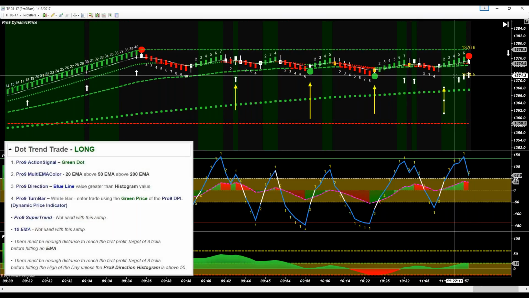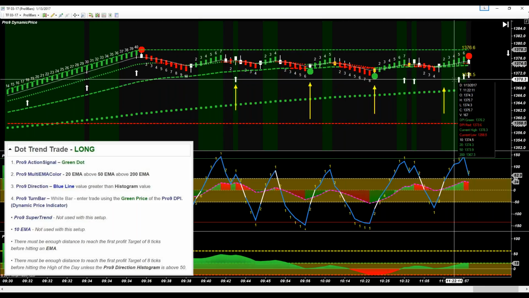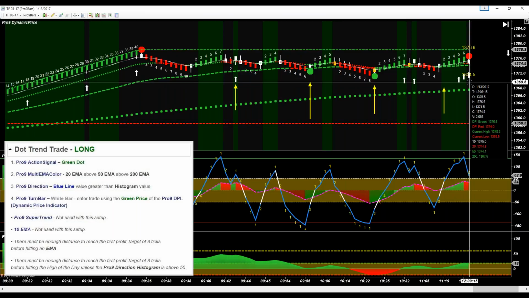And again, this one would not have hit its profit target. So our entry would have been 76.2. And the high of this bar got up to 76.6.